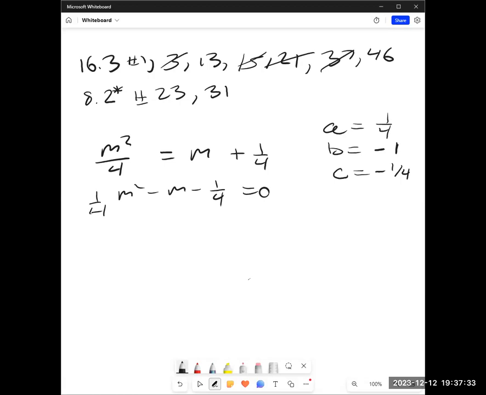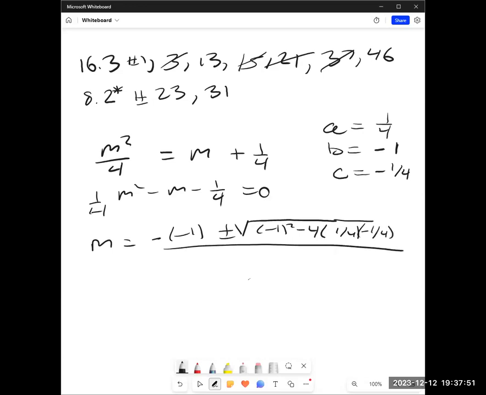Okay. So this is m equals negative (-1) plus or minus the square root of (-1) squared minus 4 times 1/4 times (-1/4), all over 2 times 1/4.